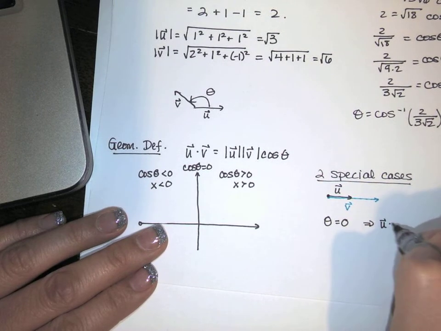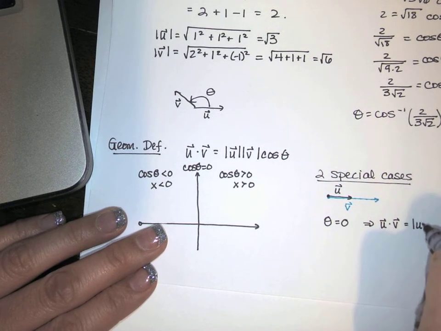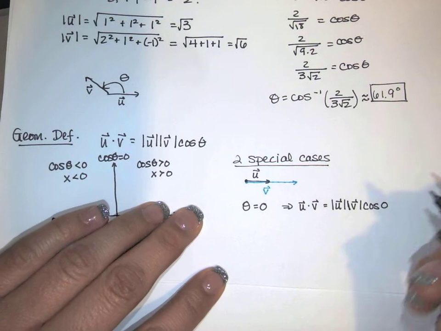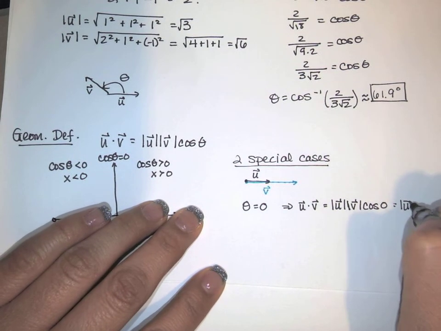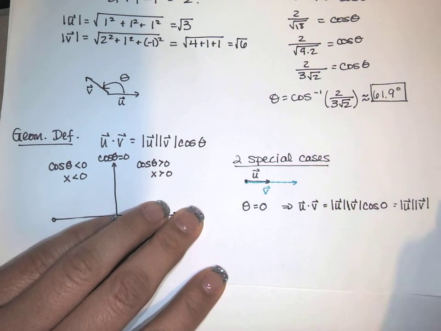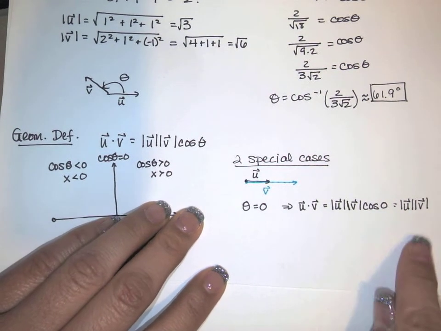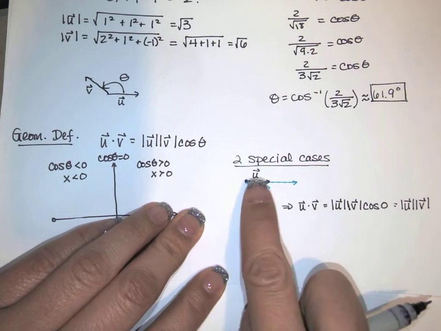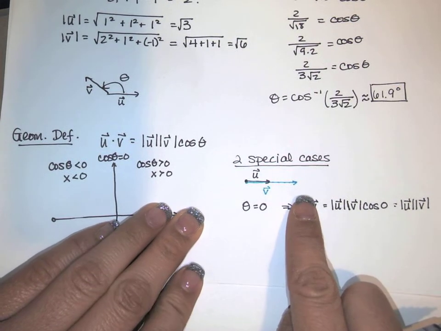So the dot product is going to give you the length of u times the length of v times the cosine of 0. You remember, cosine of 0 is just 1. So this is going to give us the length of u times the length of v. So that's the largest the dot product could possibly be. It's just the product of the two lengths. And that only happens if these guys are going in the exact same direction.